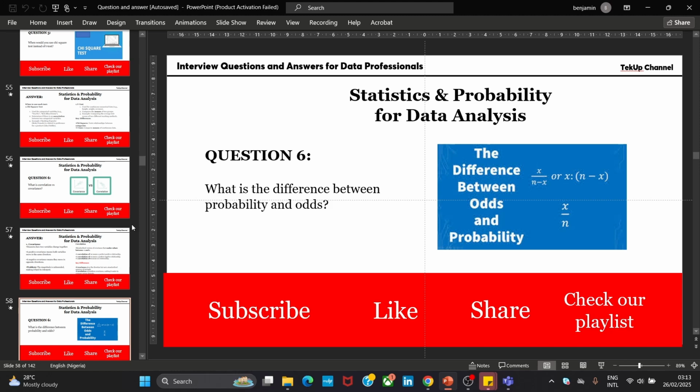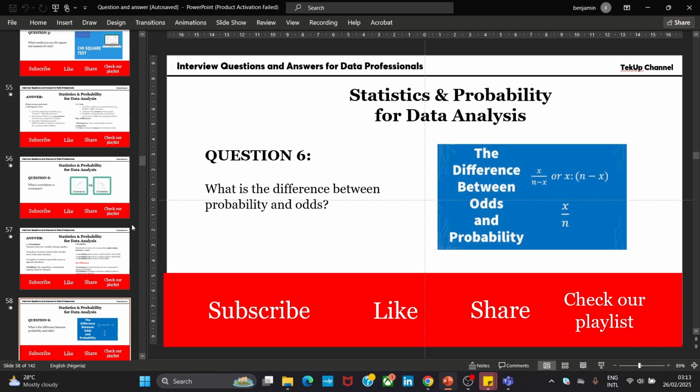Now, what is odds? Odds represents the number of favorable outcomes to unfavorable outcomes. The odds are defined as the probability that the event will occur divided by the probability that the event will not occur.